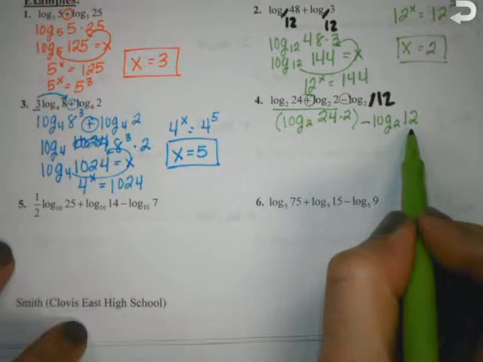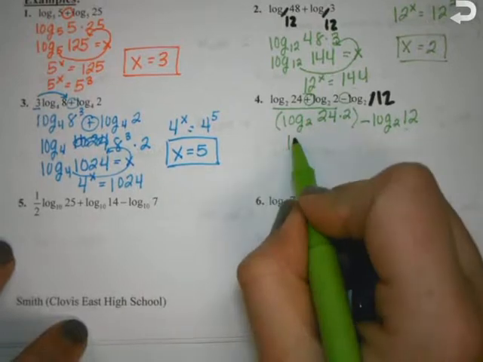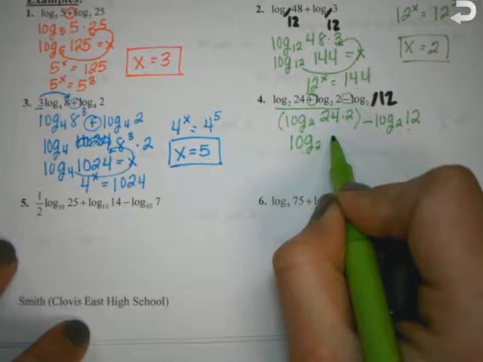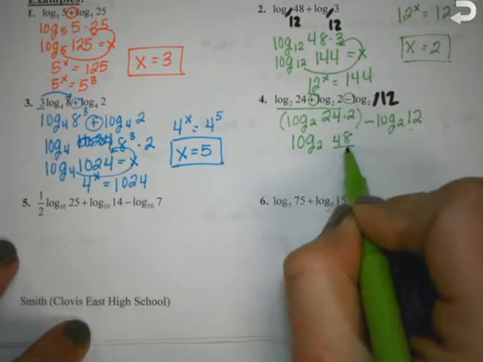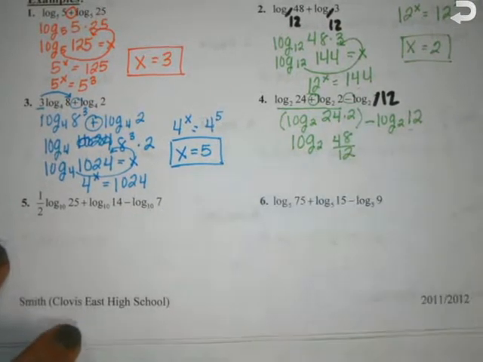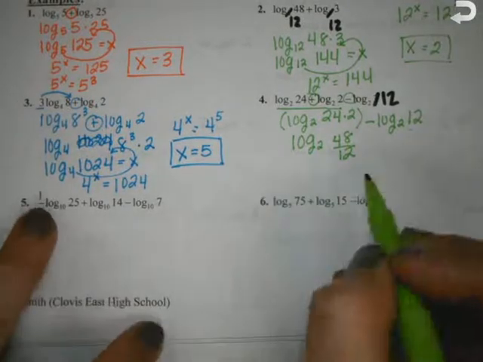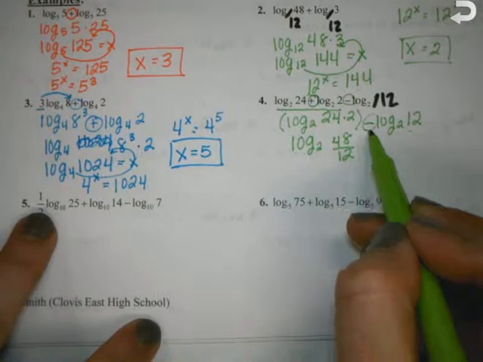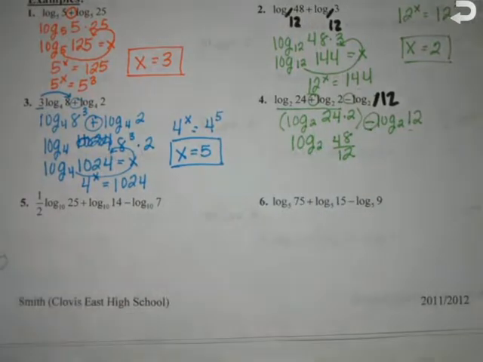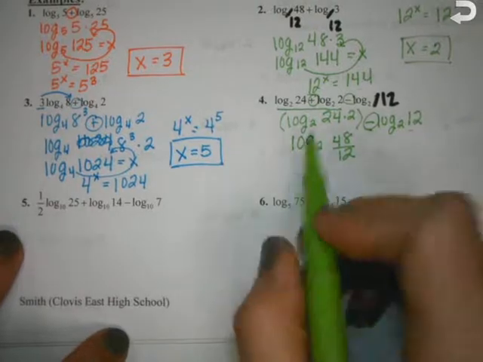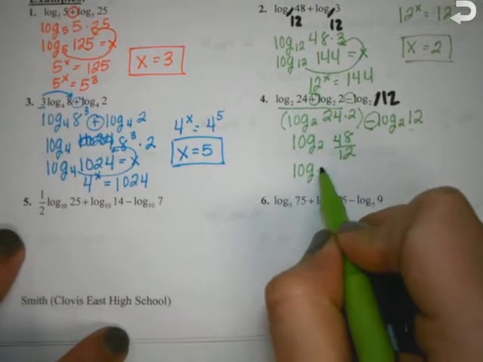So this is the same as log base 2 of 24 times 2 gives me 48 over 12. You guys okay with that? It's the quotient rule because when we subtract, it's division. 48 divided by 12 gives me log base 2 of 4.